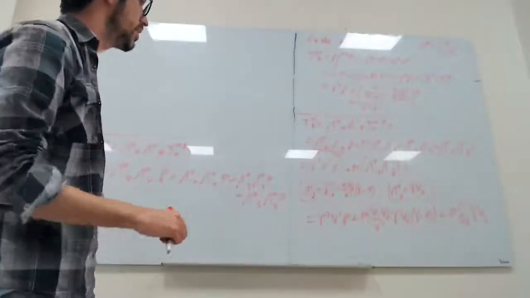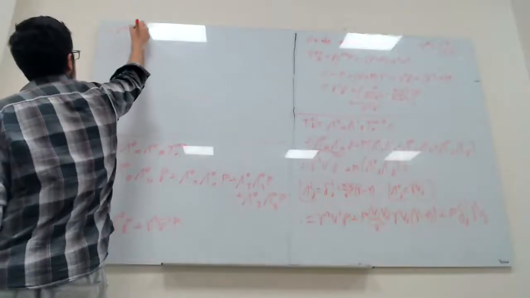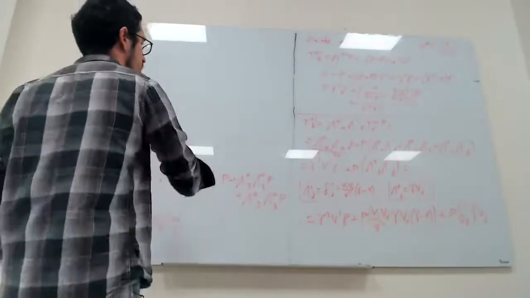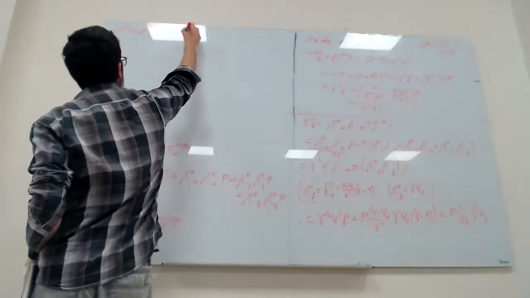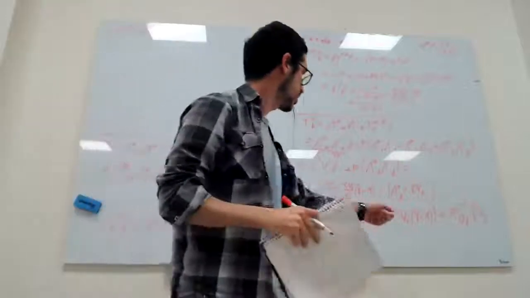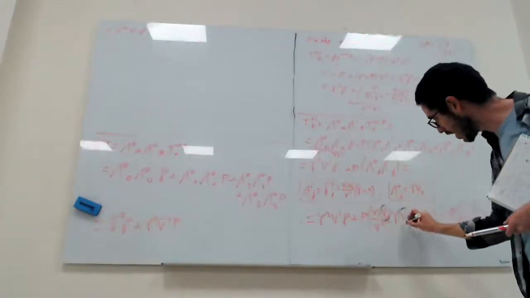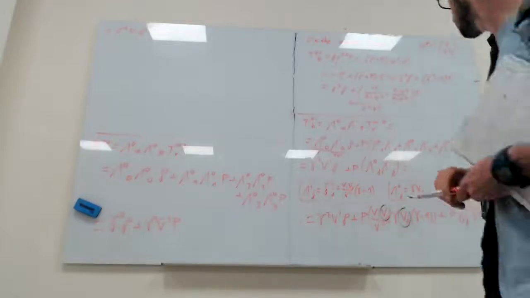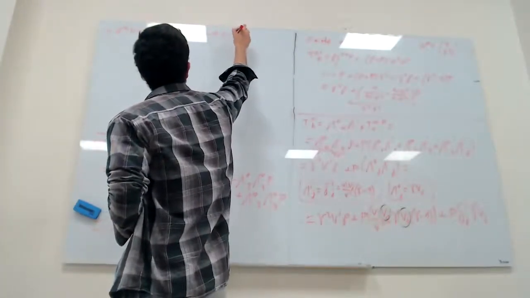So now we have equals gamma I rho plus gamma I p gamma minus 1, because Vj divided by v squared, we get 1, plus the gamma vi.